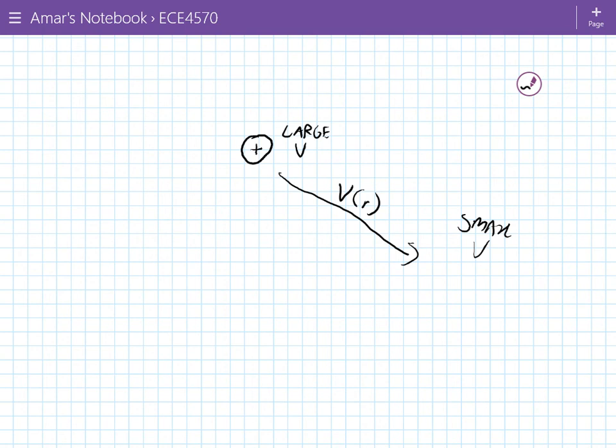So the question that we're asking right here, conceptually, is: we have a single atom, a single nucleus. Where is the electron? What are the possible states that the electron can exist in? I'll write that down. Where is the electron? What are its energy states?